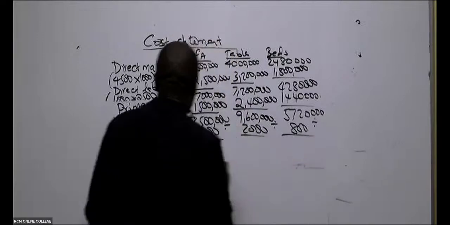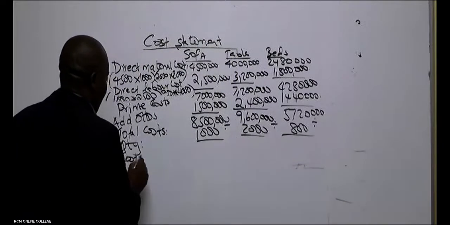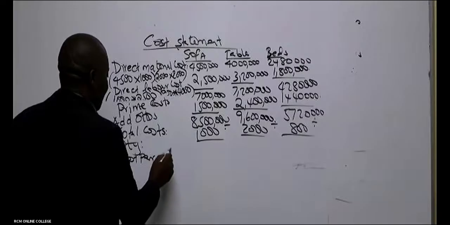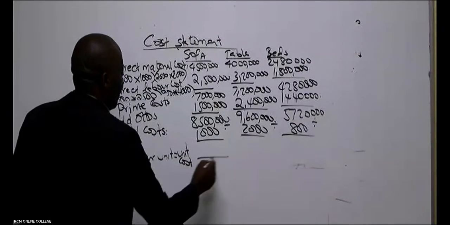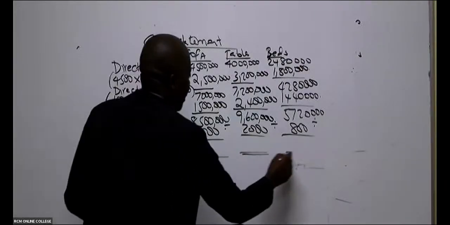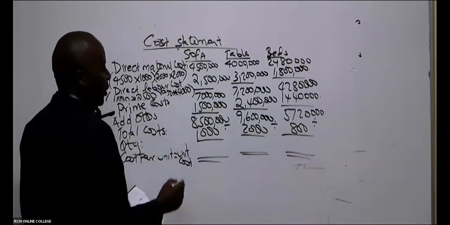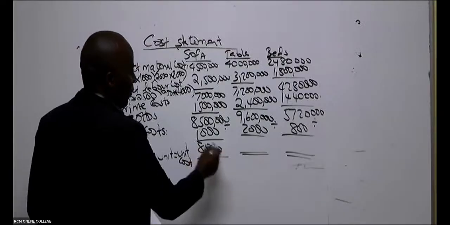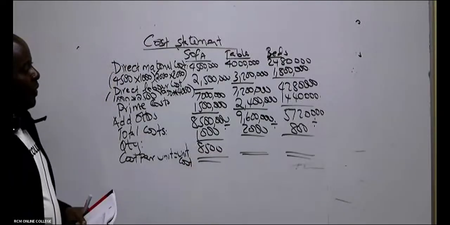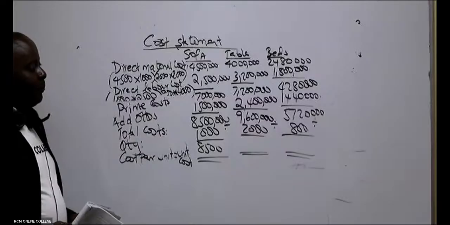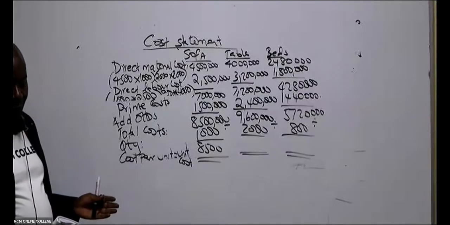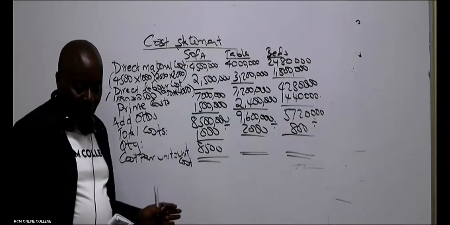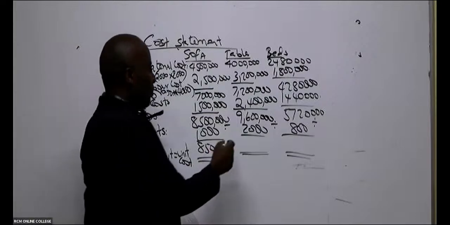So doing that, will you be able to give me cost per unit? What they are calling unit cost. We are dividing, remember. So the first one will be 8,500. That's a sofa set of 8,500. Cynthia tells me that the table is 4,800.